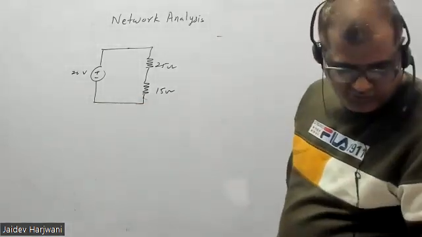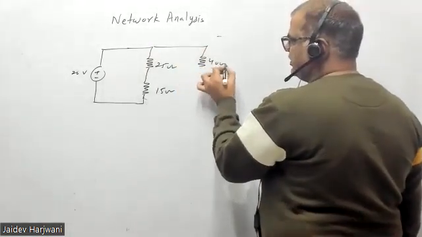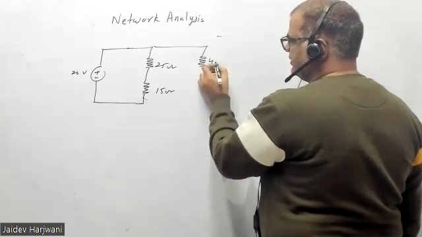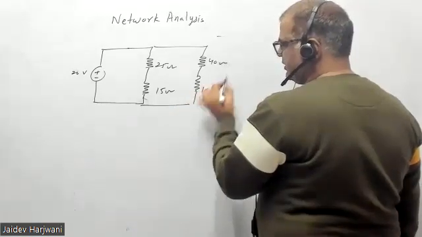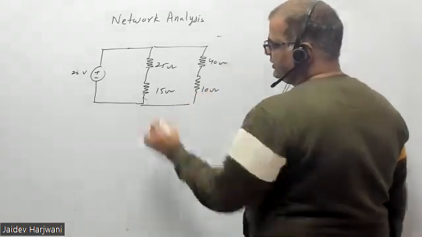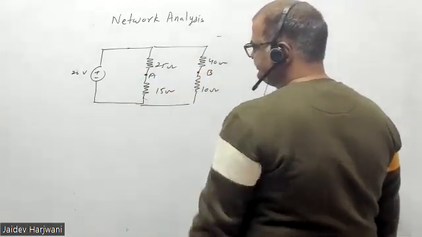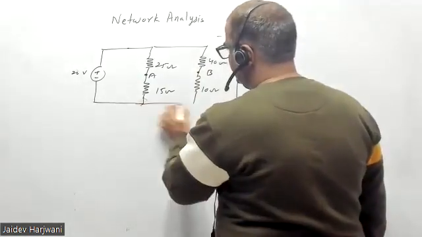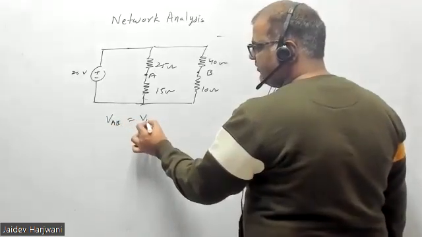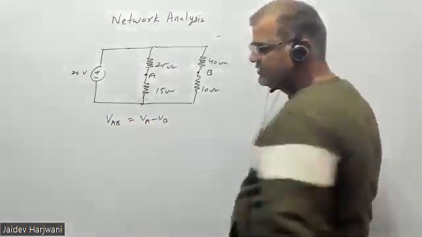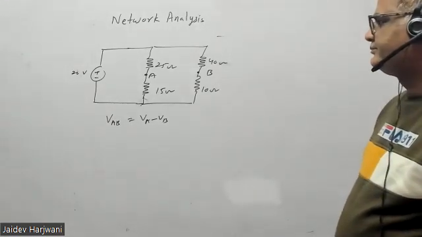And then you have a 40 ohm and a 10 ohm. So this point is A, this point is B. Can you tell me the value of VAB, that is VA minus VB? Can you find VA minus VB?